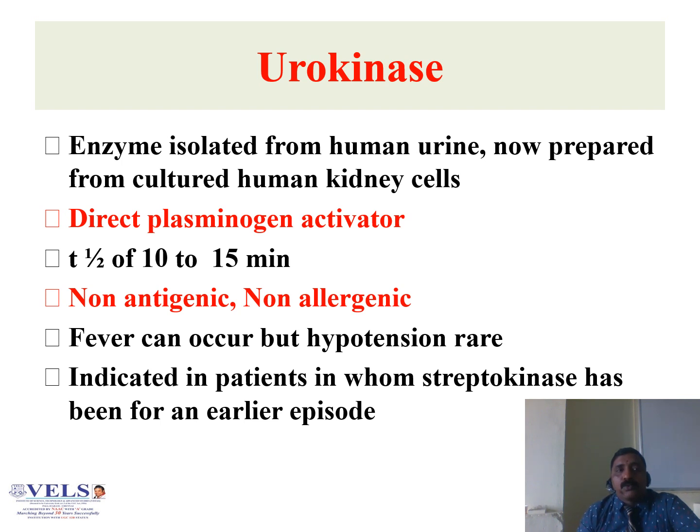The dose is 2.5 lakh international units intravenously over 10 minutes, followed by 5 lakh international units over the next 90 minutes. Its half-life is 10 to 15 minutes. It is non-antigenic and non-allergenic. Fever can occur, but hypotension is rare. That is why, compared with streptokinase, urokinase can be used for fibrinolysis. It is indicated in patients in whom streptokinase has been used for an earlier episode.